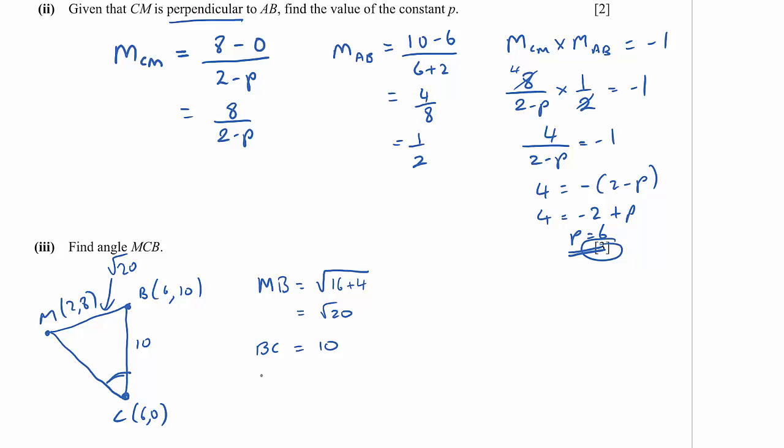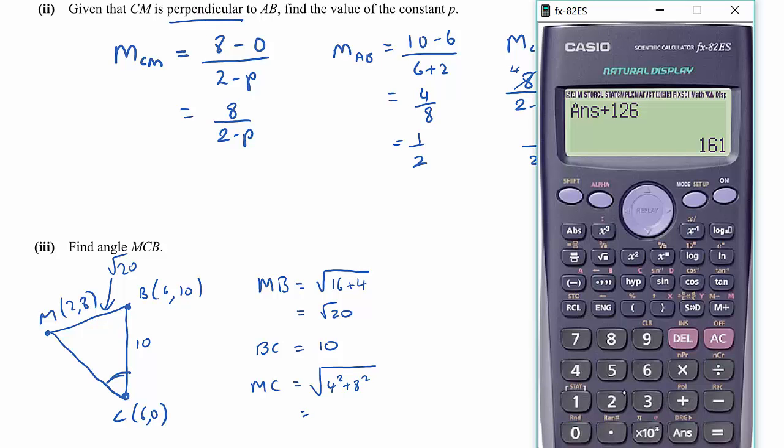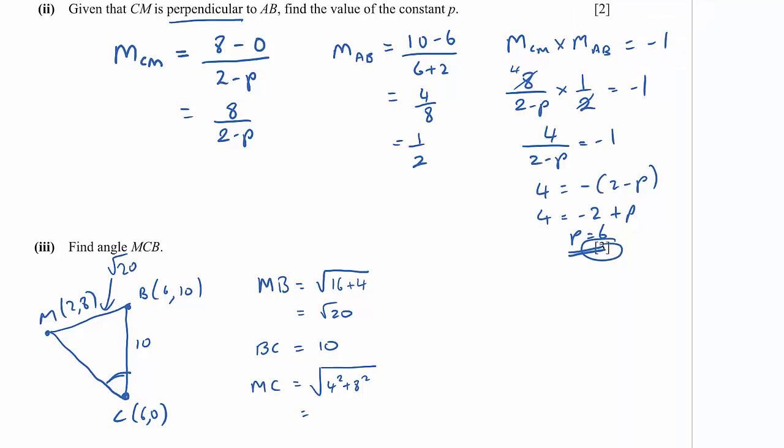And MC, so it goes 4 across and 8 down, so that's the square root of 4 squared plus 8 squared. So 64 add 16 is 80, so that's root 80. So this one here is root 80, and then we call this alpha.